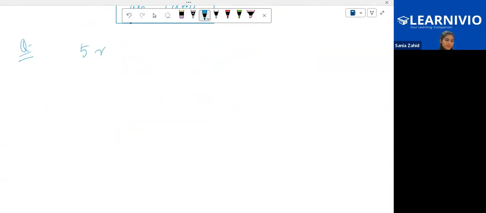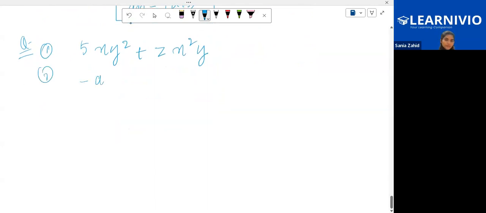Please make tree diagrams for 5xy square plus 7x square y, and minus ab plus 2b square minus 3a square. No, these are 2 terms. This is 1 term, second term. These are 3 terms. Okay, make tree diagram.